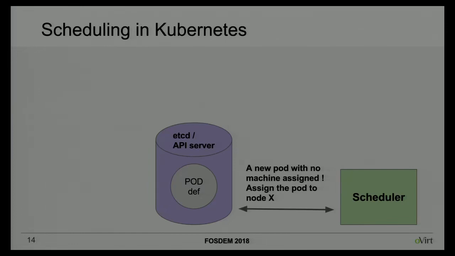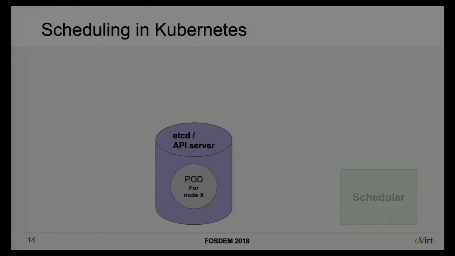So doing all of these calculations, it finally comes out with a best host for that specific pod. Once it decides what's the target node, it updates the state in etcd. So the pod is now in a state where it's assigned to specific node X.